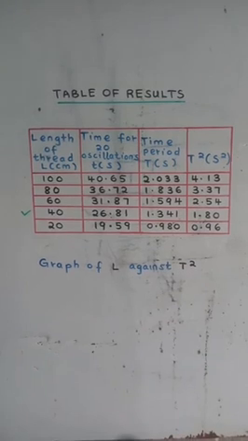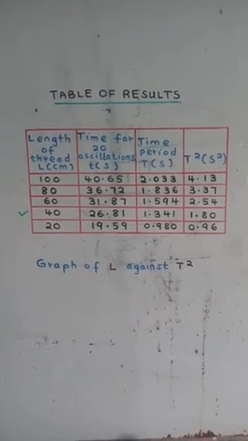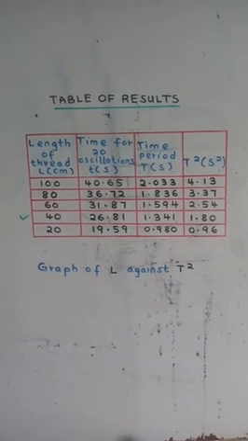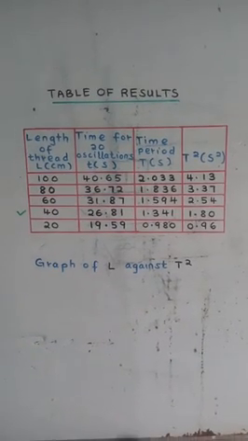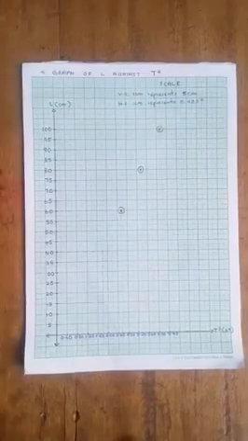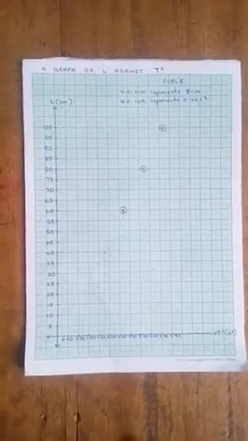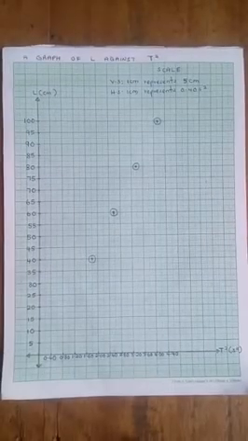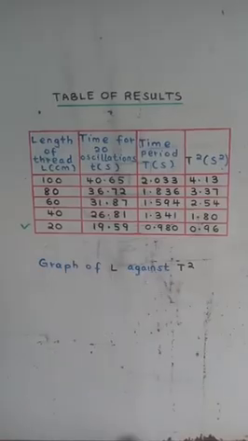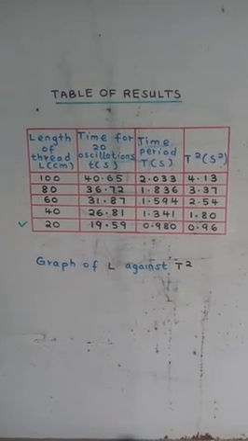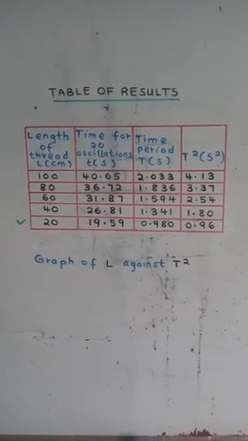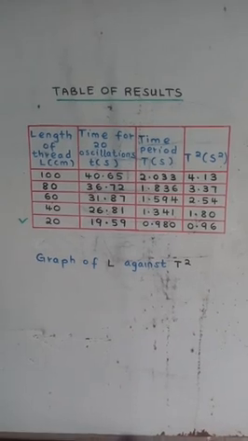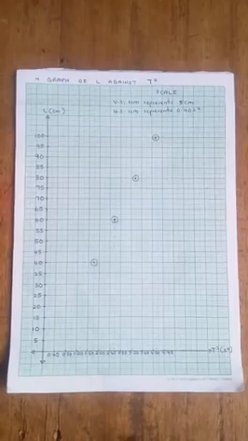For 40 centimeters, 1.80 second square. And for 20 centimeters, 0.96 second square.